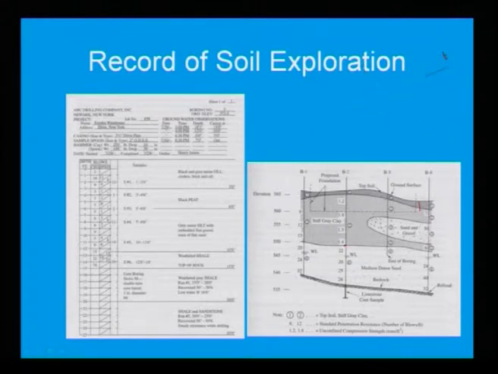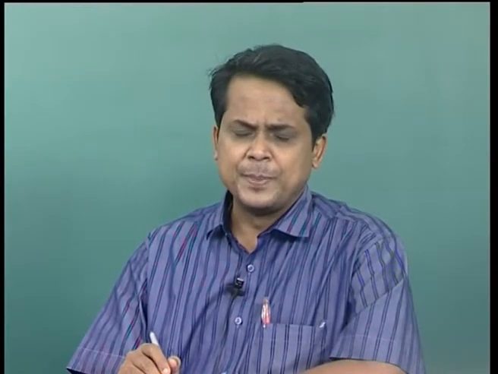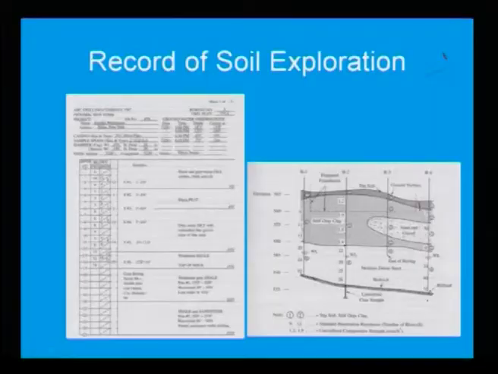Then another part, if you look at here, another major parameter is varying. Where exactly is your bedrock, particularly the rock surface? Is it at a shallow surface or at a deep surface? Bedrock has to be located.